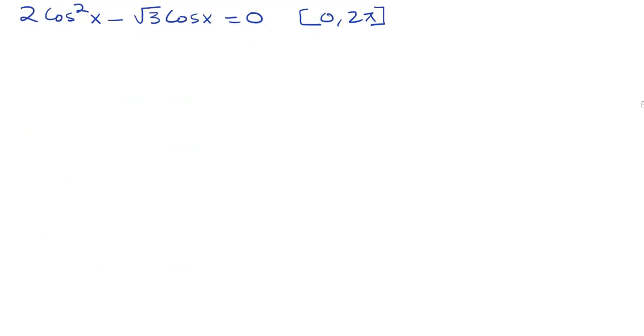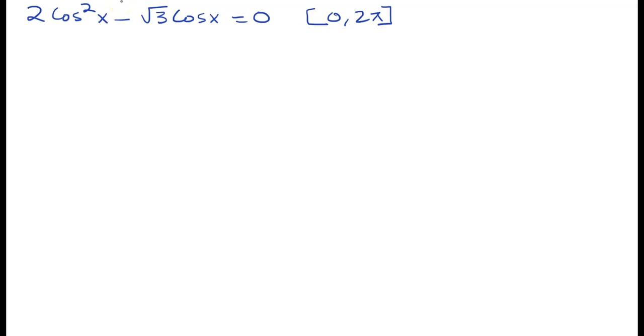So here we have 2 cosine squared x minus root 3 cosine x equal to 0. Here's what we're going to do. We're going to first factor out cosine x because it's a common term. So we're going to have cosine x times 2 cosine x minus square root of 3 equal to 0.